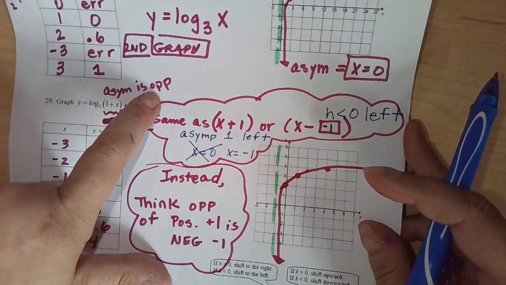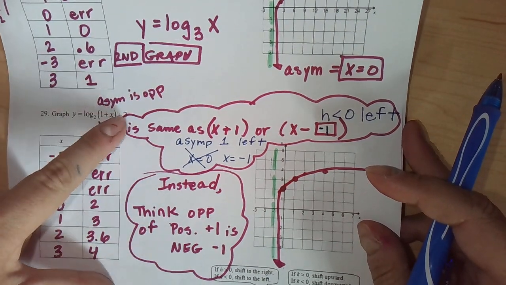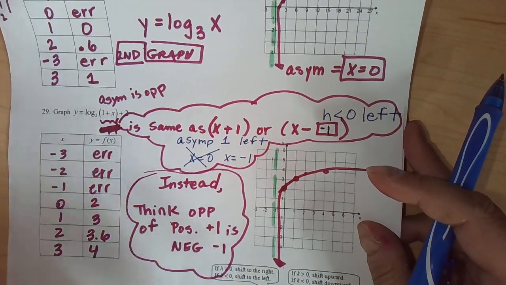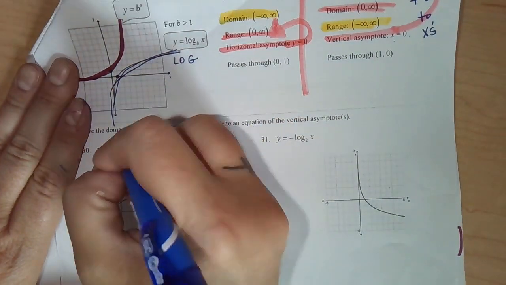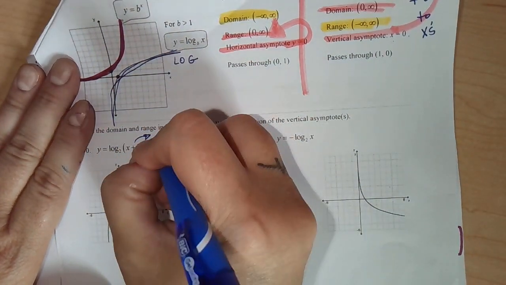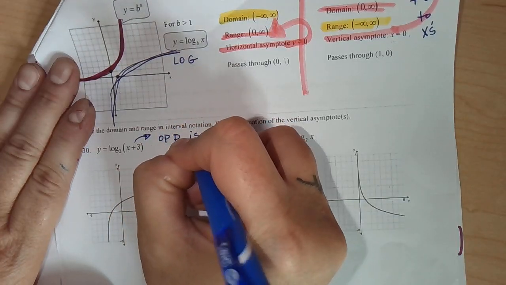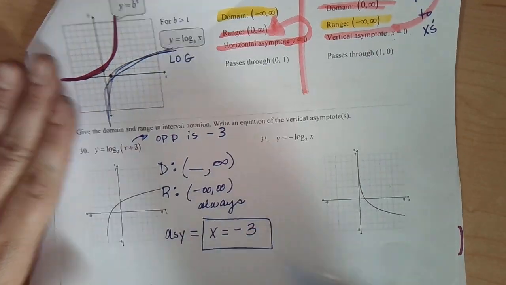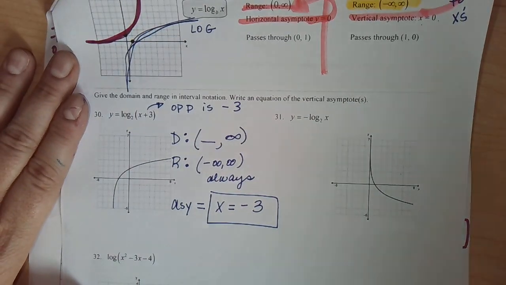It's the opposite. So if I see a positive 1 in the parentheses, the asymptote is a negative 1. So I see a positive 3, so the opposite is negative 3. So my asymptote is x equals negative 3.